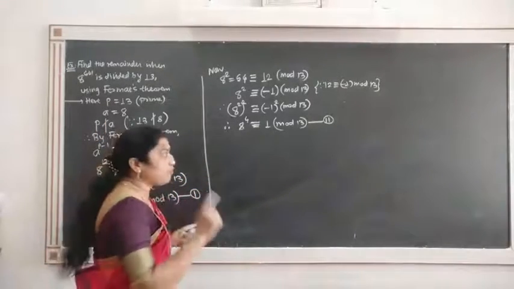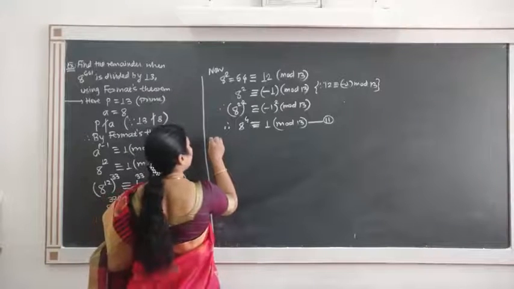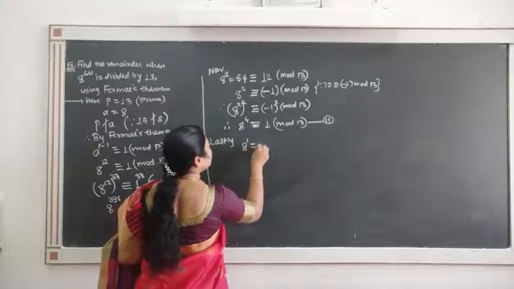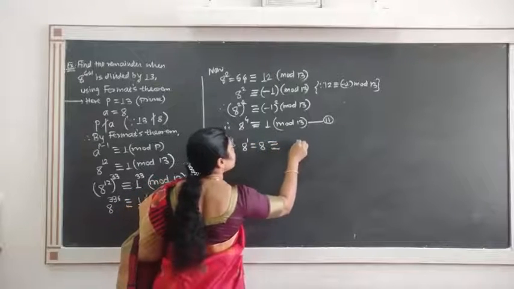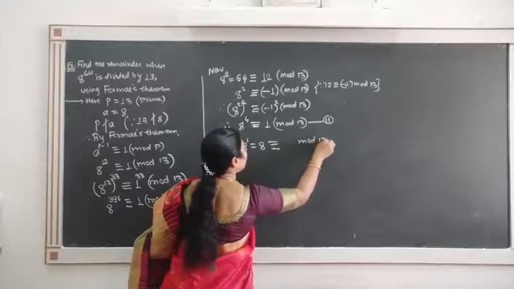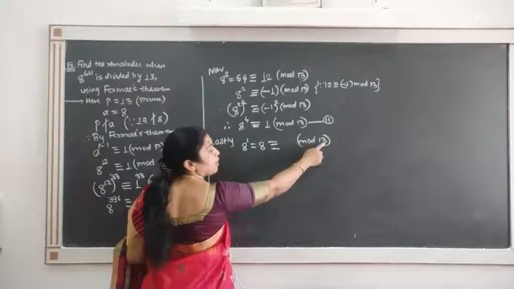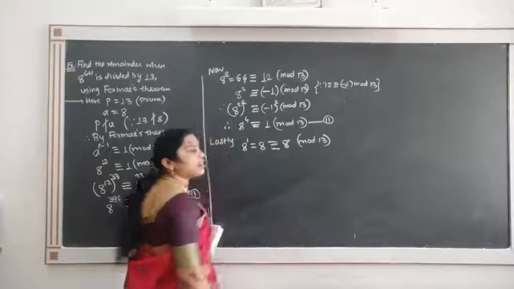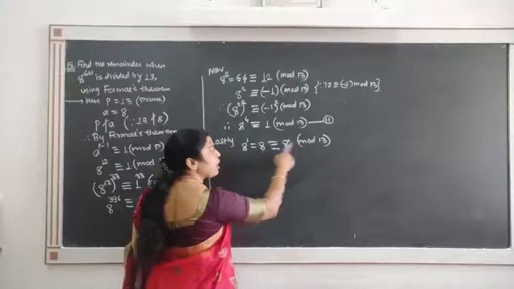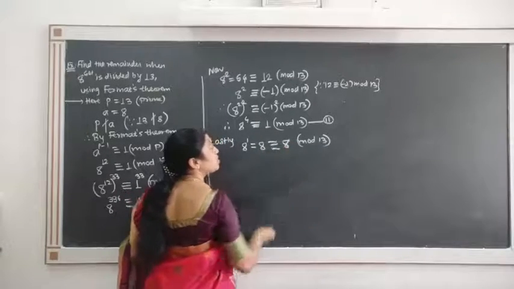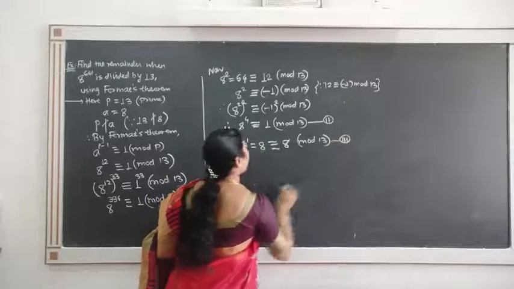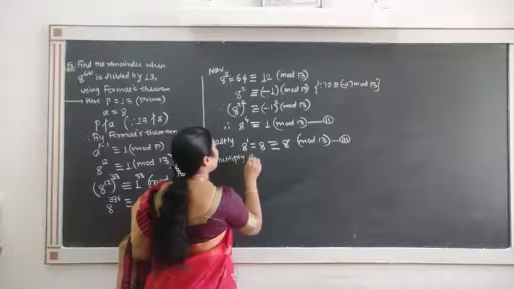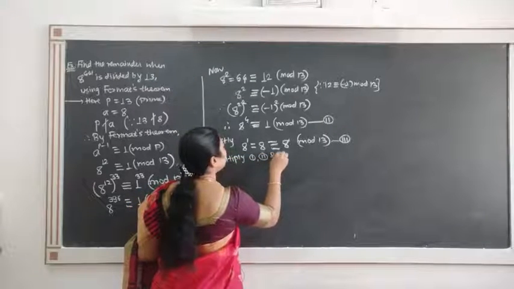We want 401. So only we require 1 more power. So consider lastly 8 raised to 1. 8 raised to 1 is nothing but 8, and 8 is congruent to what modulo 13? That is, divide 8 by 13. But because 8 is less than 13, the remainder is 8 itself. That is, when you divide 8 by 13, the remainder is 8. This is equation 3. And now multiply equations 1, 2 and 3.